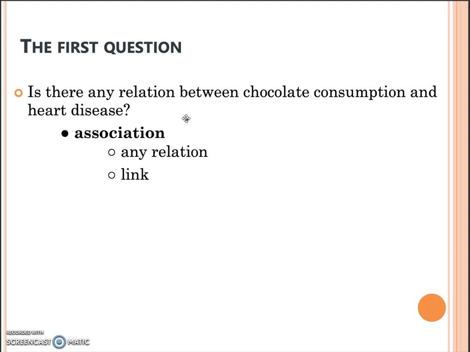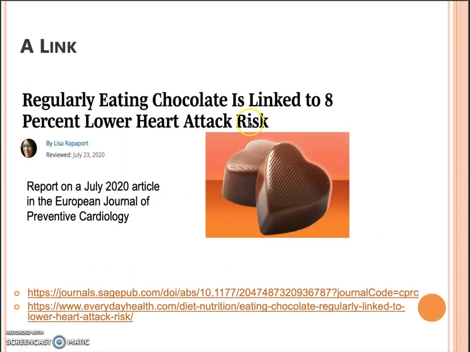Because from the beginning, in this report, we found that regularly eating chocolate comes with an 8% lower heart attack rate among our individuals. So the treatment is that those adults regularly eat chocolate.